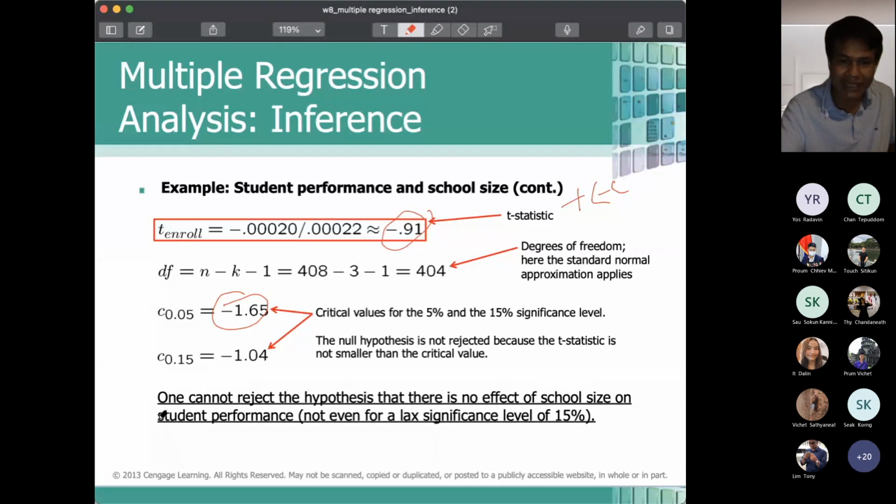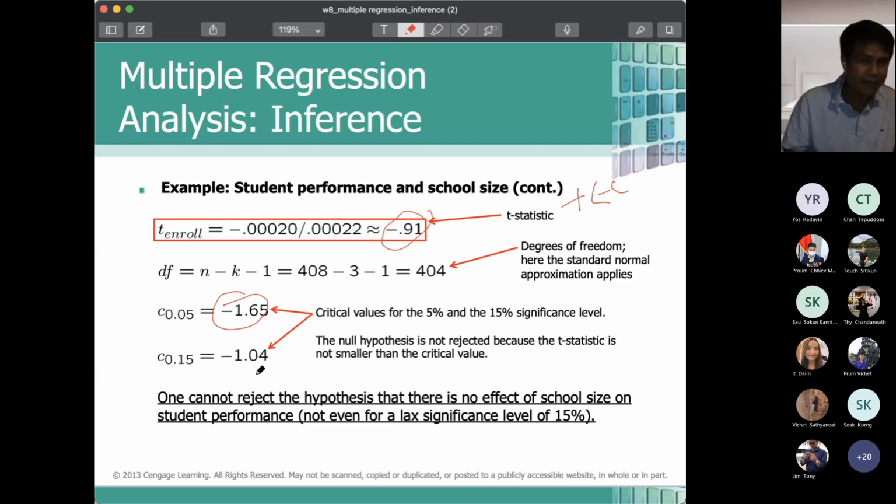Right? So here you look at the bold statement underlined here. One, you cannot reject the null hypothesis that there is no effect of school size on student performance. All right? You cannot reject the null hypothesis. And that hypothesis is that there is no effect of school size on student performance. Not even for significance level at either 5% or even 15%.